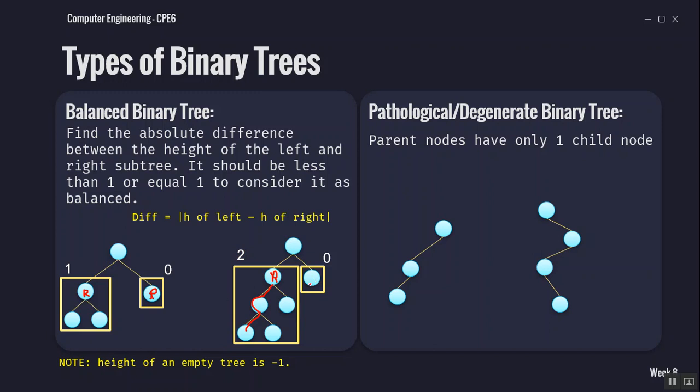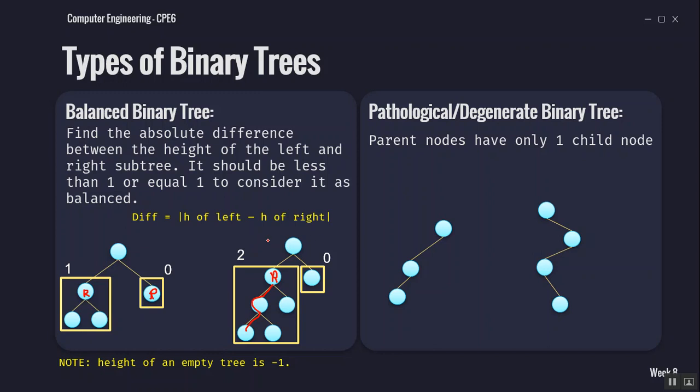Now considering the previous example, this is 0. So 2 minus 0 is 2. Absolute value of 2 is still 2. So 2 is greater than 1, so we can conclude that this tree example is not a balanced binary tree.